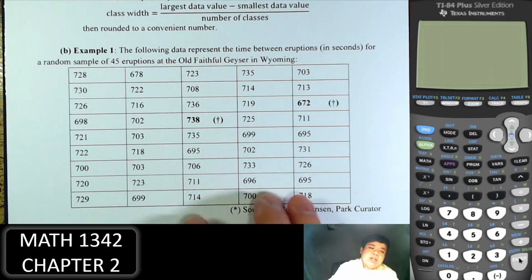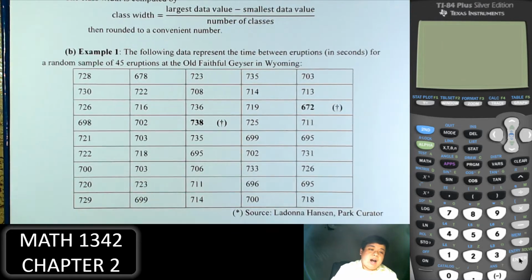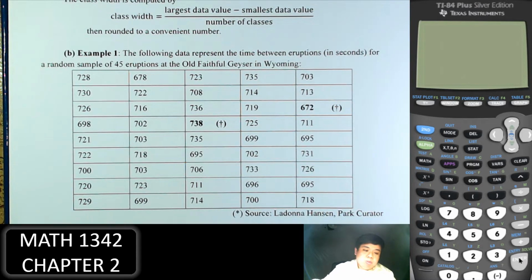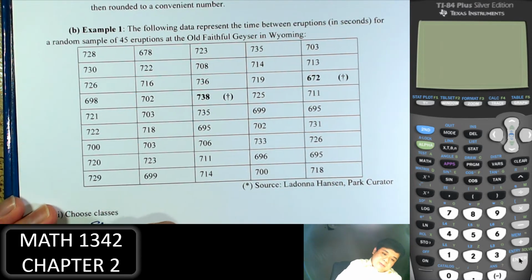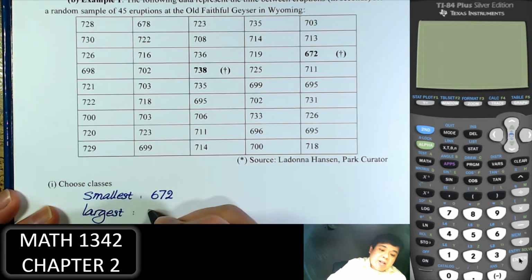So we look at this. We choose the smallest one and the highest one, and I label them. The smallest is 672, and the highest, or just say the largest, is 738.